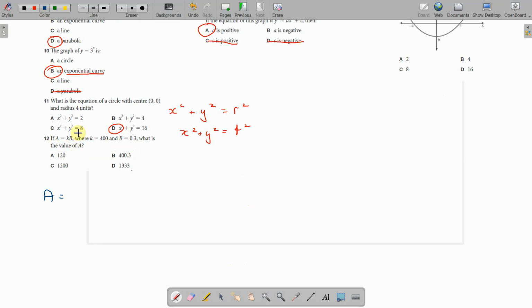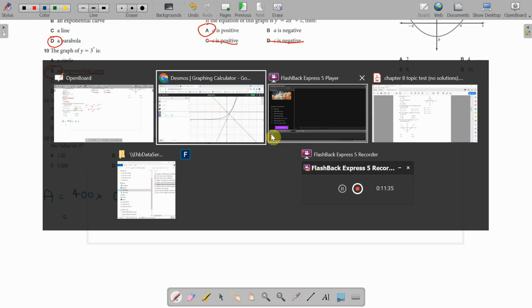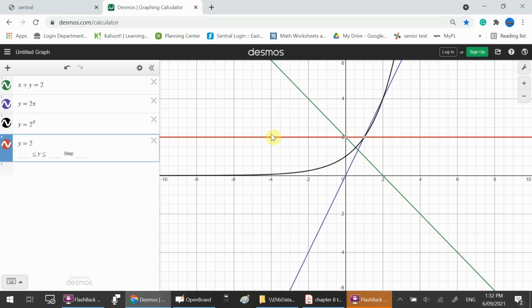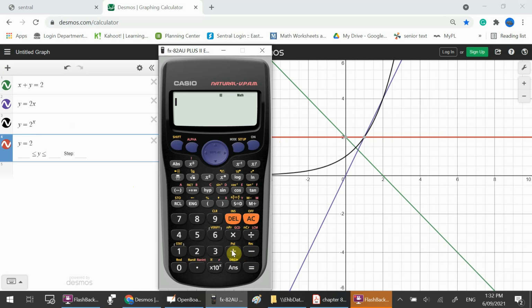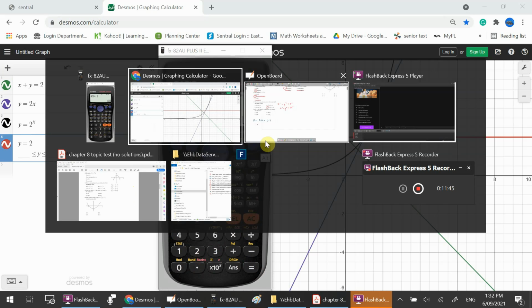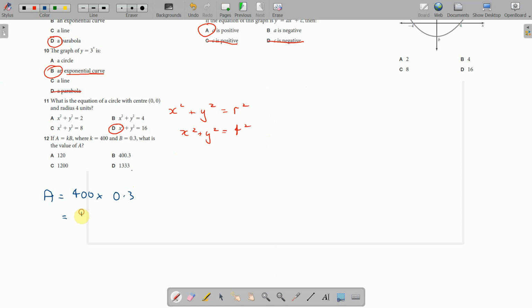K equals 400 times 0.3. 400 times 0.3, I think that sounds like 120. Yep, 120. Let's go back. 120. Answer A. That didn't take long.